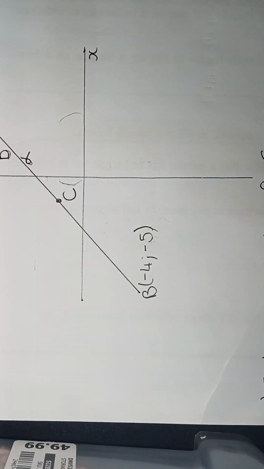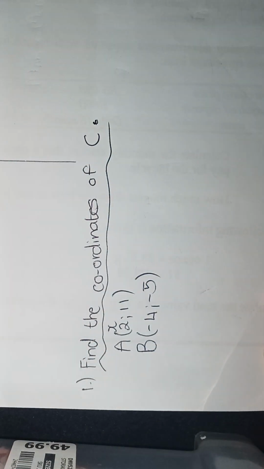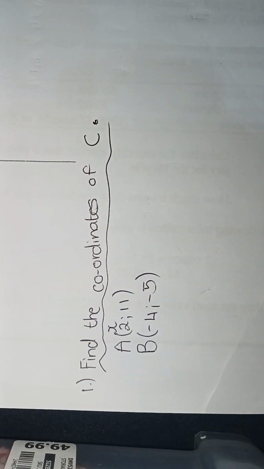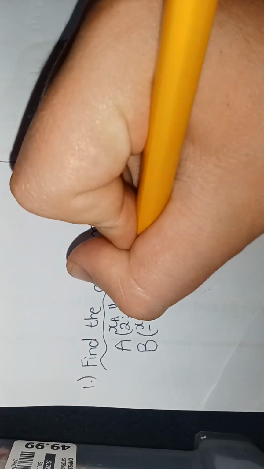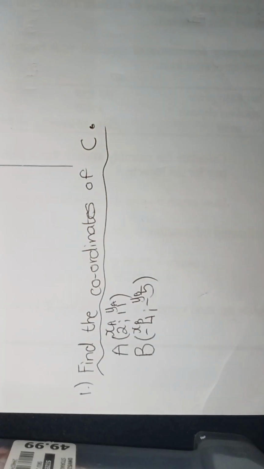Okay, now let's name them. Let's say this is X. I'm going to say X, A, and B because I think most of you use X, A, and B, so it doesn't matter which one you use as A or B. So let's call these XA, XB, YA, and YB.